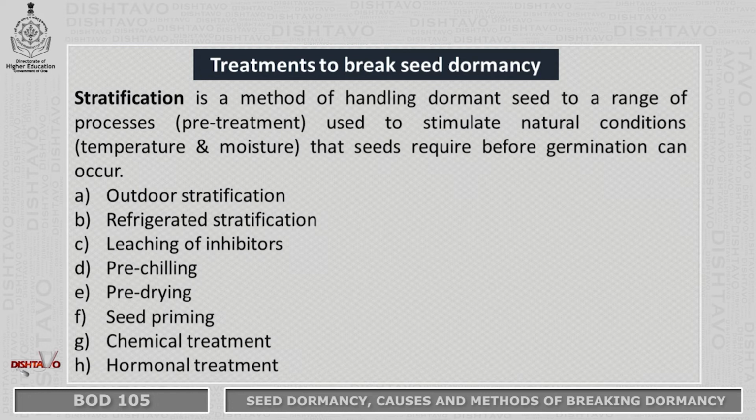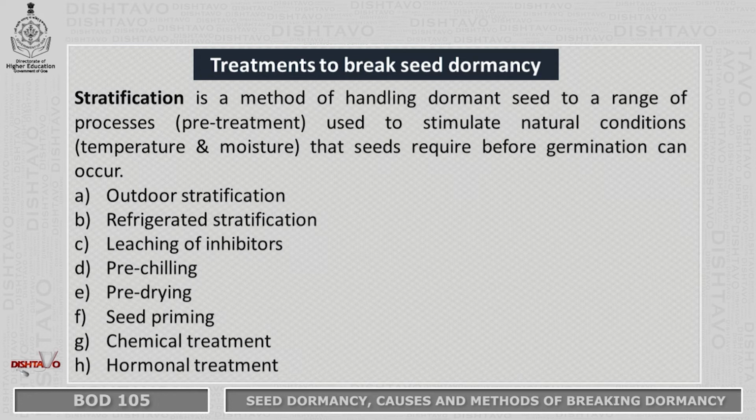It is nothing but the method of handling dormant seeds in which the imbibed seeds are subjected to a period of chilling after the ripening of the embryo in alternate layers of sand or soil for a specific period. Now, this methodology is referred to as moist chilling.